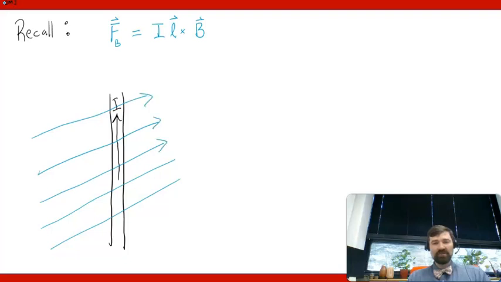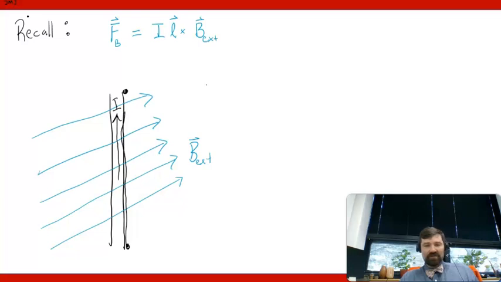So this is maybe my magnetic field direction, B. We could even call it B external up here to distinguish it from the field that's being produced by the wire. Well, the cross product in this case, my L vector, basically would point from one end of this wire to the other end of this wire.